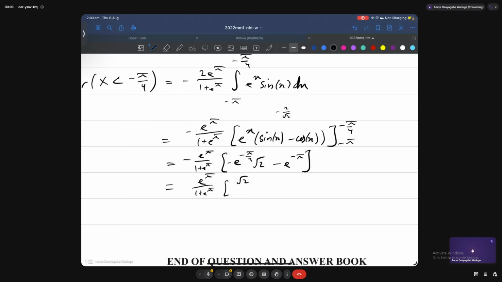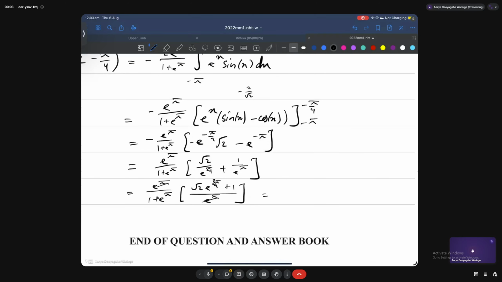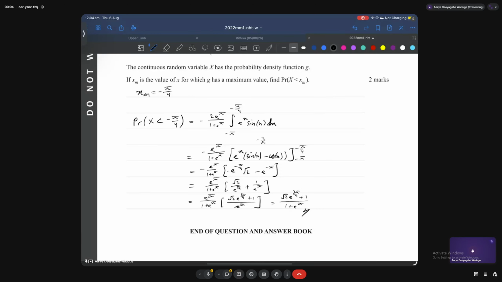Then plus e to the pi. So you could multiply, so this is just e to the pi over 1 plus e to the pi, and this will be root 2 e to the 3 pi and 4 plus 1 over e to the pi, and you can see that these two cancel directly. So this is just going to be root 2 e to the 3 pi and 4 plus 1 over 1 plus e to the pi, and this should be the probability that you get.